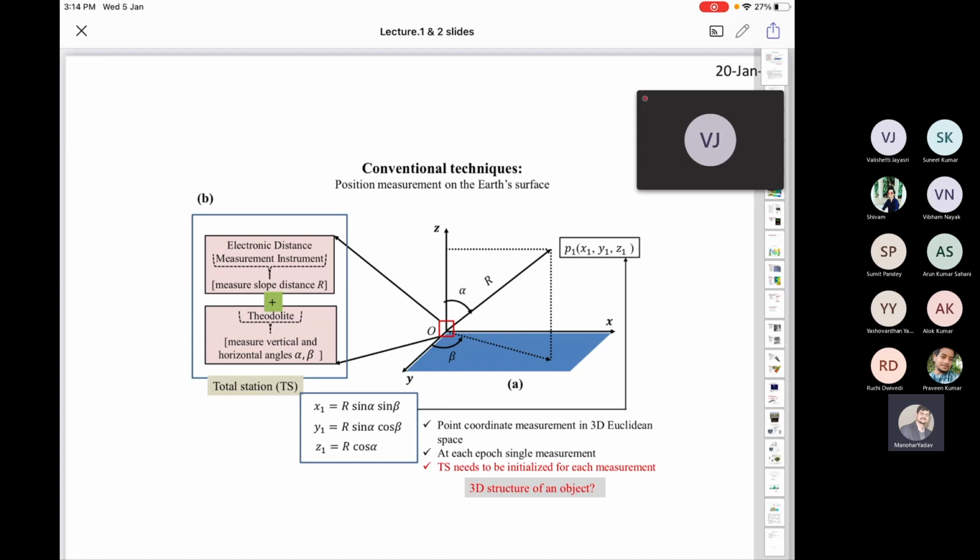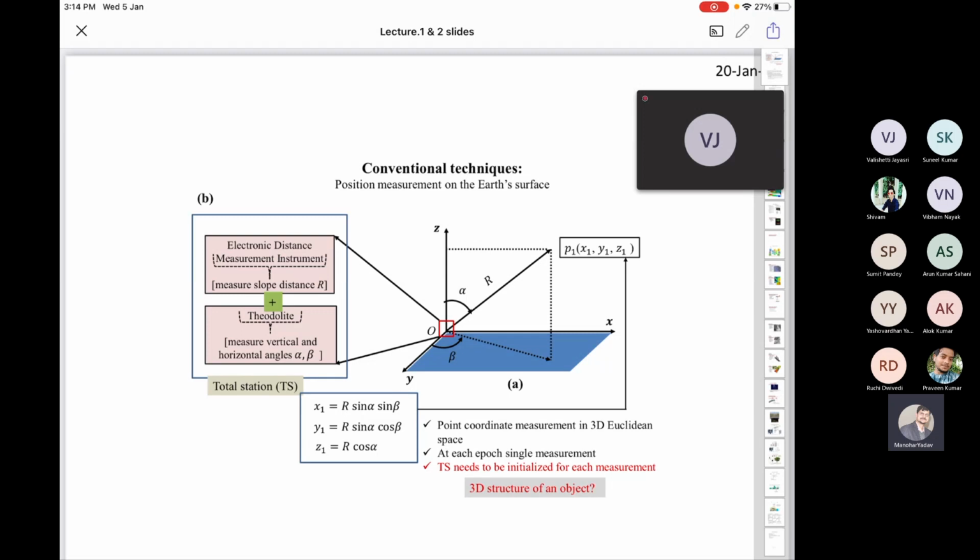So the same path is further traversed in a backward direction. It means the total distance that is covered by the laser beam is from OP1 and back to P1O. Okay, that is 2 times the range R. So that is the total distance covered by the laser beam once it is fired from location O.